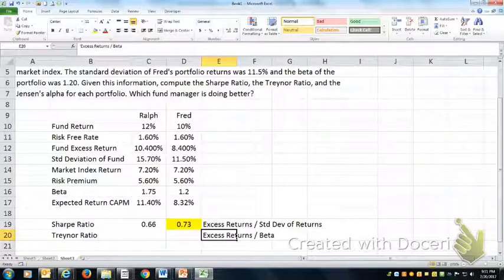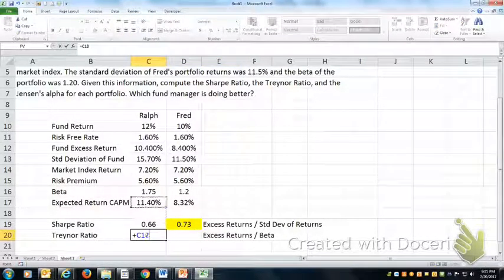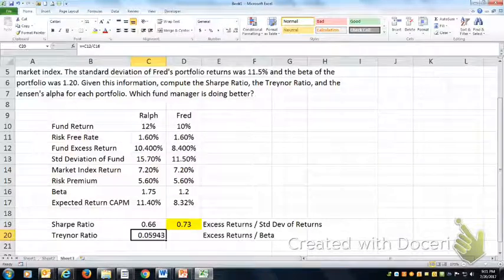The Treynor is just looking at the measure of systematic risk. So we take the excess return for the fund and divide it by the beta. It scales it by how much systematic risk you were taking, the part you can't get rid of. And again, higher is better, so in this case, Fred was doing better.